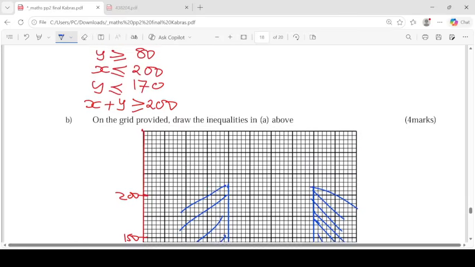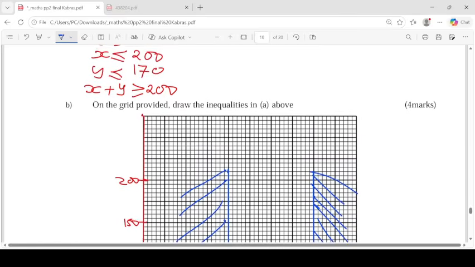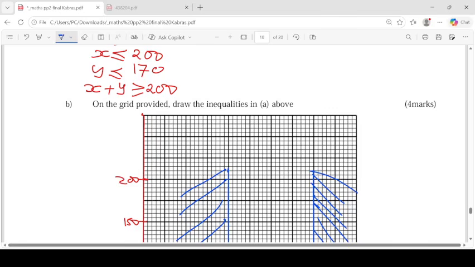Then the next they are saying x plus y should be greater than or equal to 200. So when you have x plus y being that, this is like saying x plus y is equal to 200. Let me get that equation. When x is 0, y is 200.